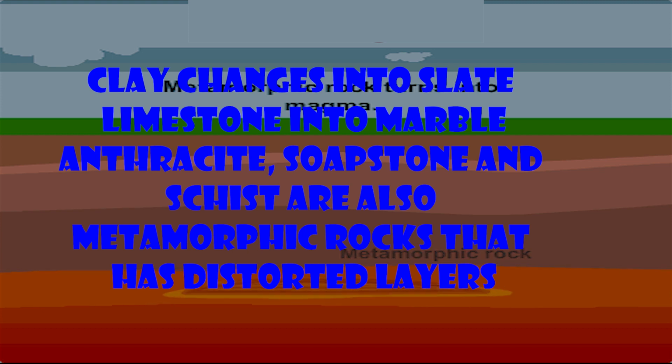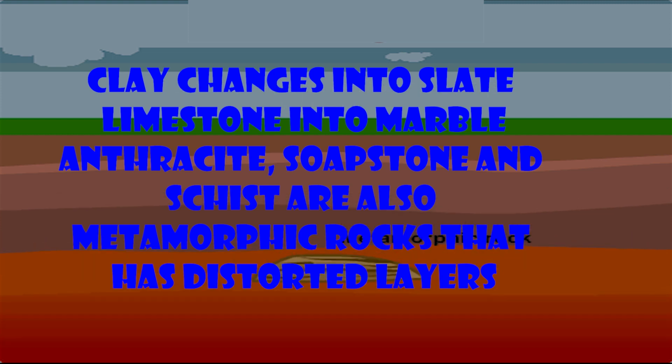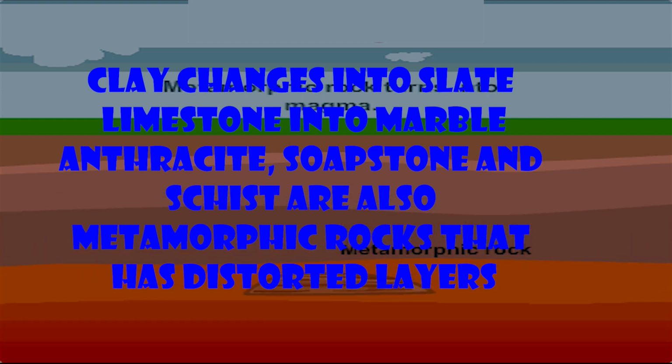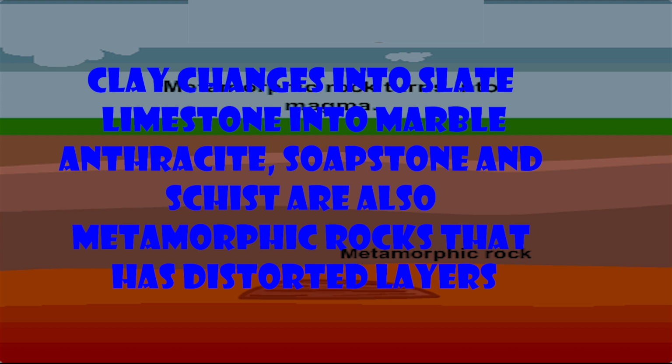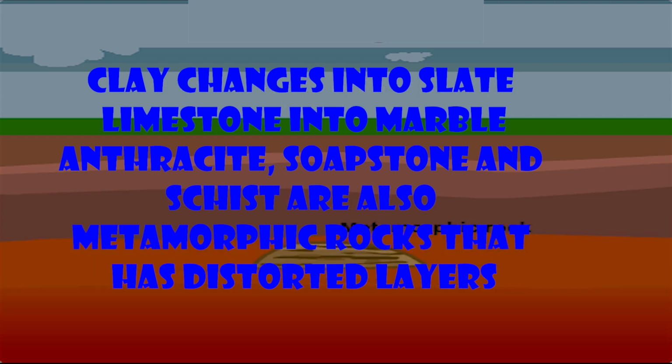Likewise, clay changes into slate and limestone into marble. Anthracite, soapstone and schist are also metamorphic rocks. Such a rock often has distorted layers.